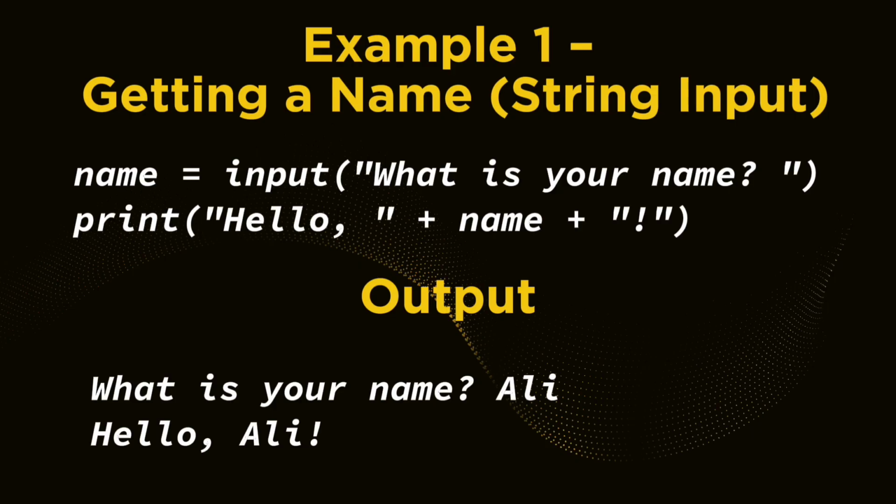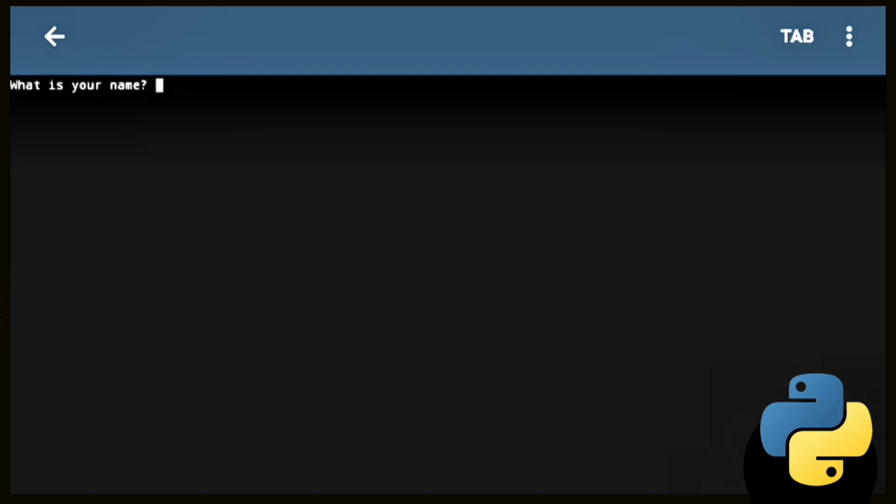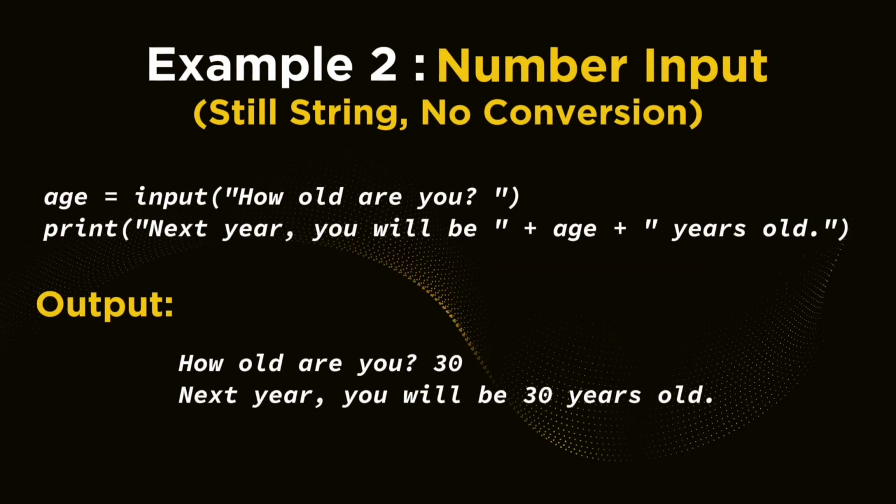Now, let me show you how this program works when we run it. In this example, if the user types 30, the output will be, how old are you? 30. 30 is written by the user.